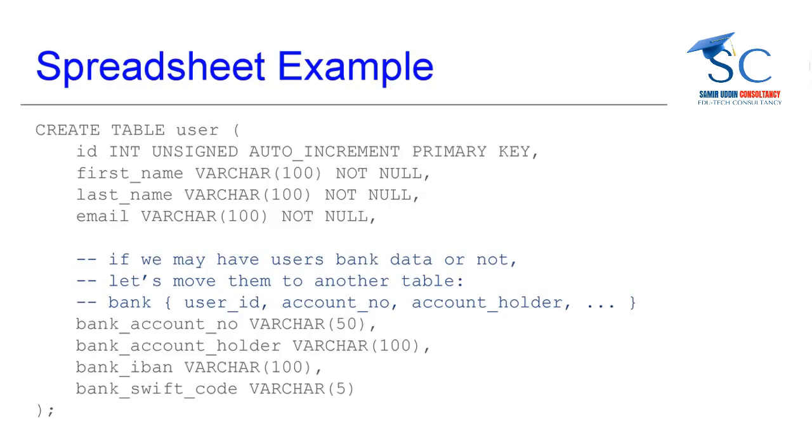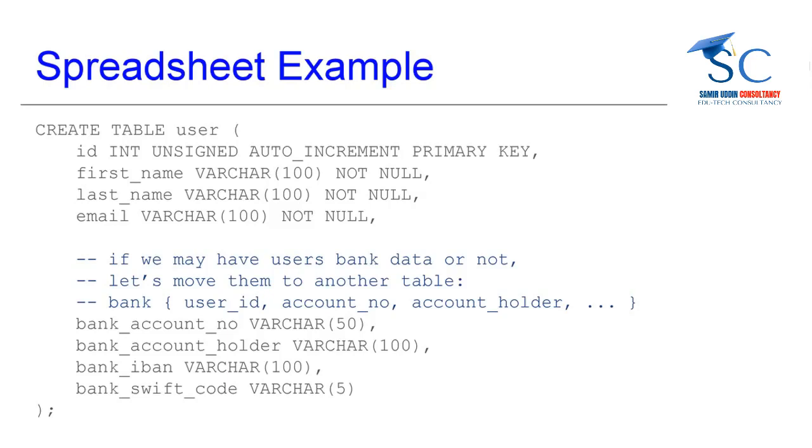And also, even in this case, we are still introducing a limit which could be unwanted, because suppose that at some point the product owner comes to you and tells you, okay, we need to allow users to have more than one bank account. What will you do?